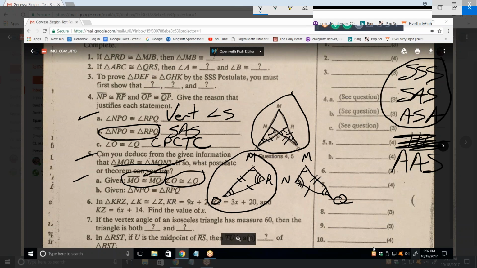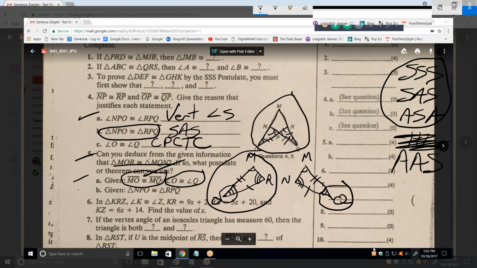It's not that MO is congruent to MQ, although I guess you do need to kind of know that they are the corresponding sides of those two triangles. MO is the corresponding side of MQ. And as long as that's true, then angle O has to be congruent to angle Q based on CPCTC.